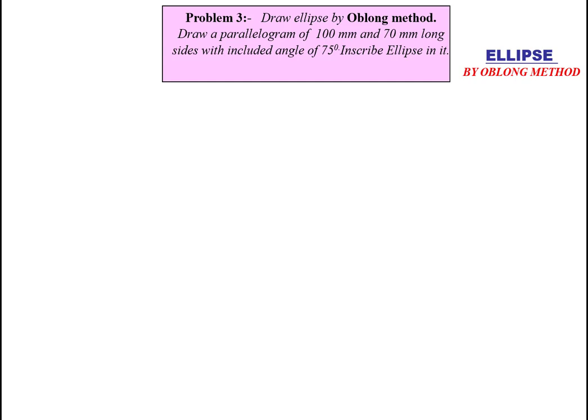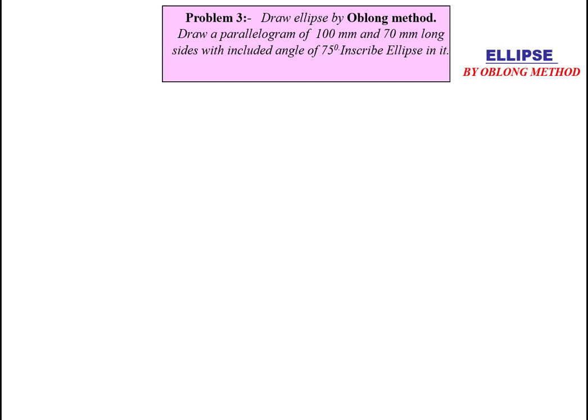So the next method to draw an ellipse is the oblong method. This oblong method is also known as the parallelogram method because in this method we'll use a parallelogram instead of a rectangle. So let us see how we can draw an ellipse by parallelogram method.